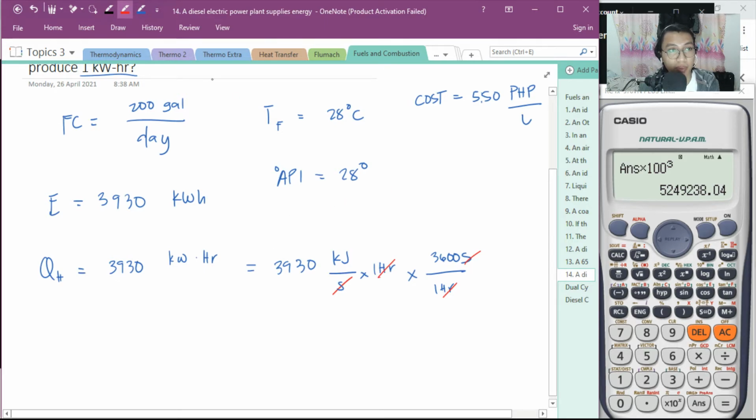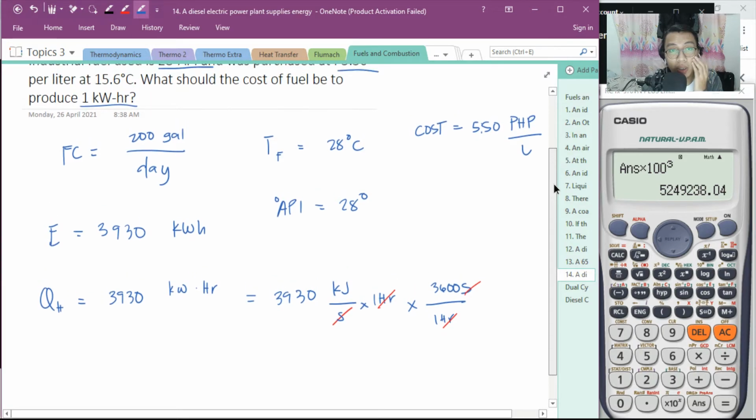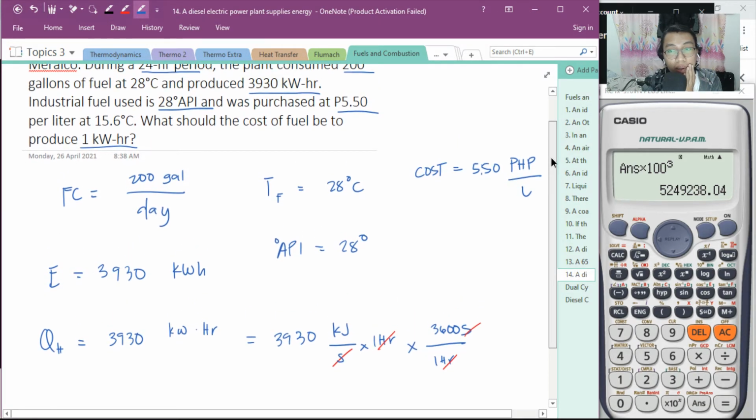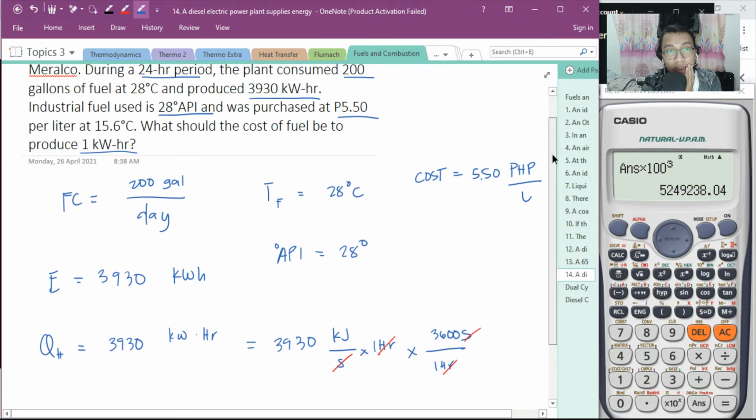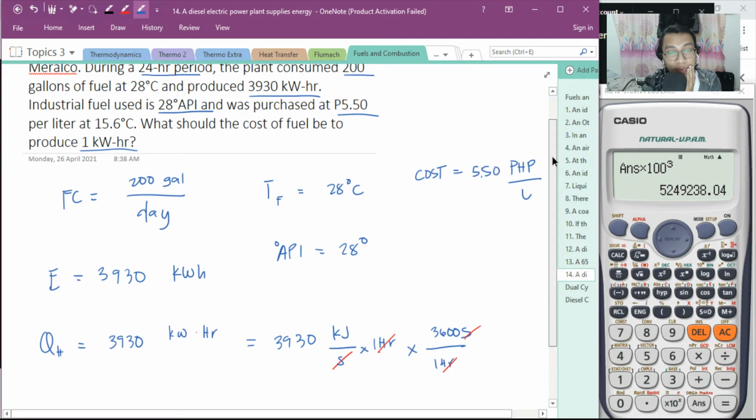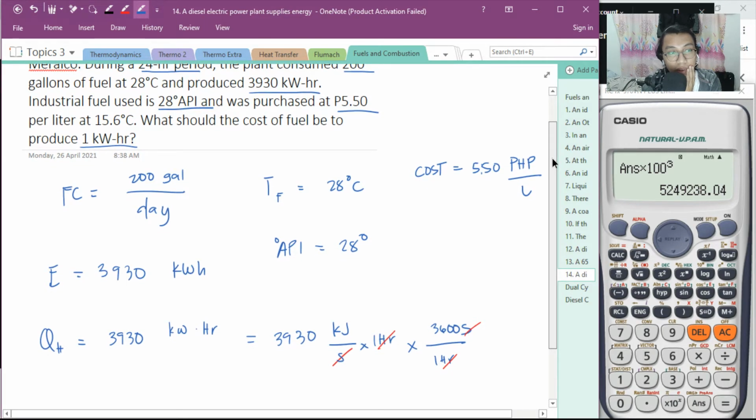Binigay na pala. Kung 1 kilowatt hour, okay, ano makacancel yan? In density. Okay? Fuel consumption, mass of the fuel. Yun ang hahanapin ko. Gallons per liter.